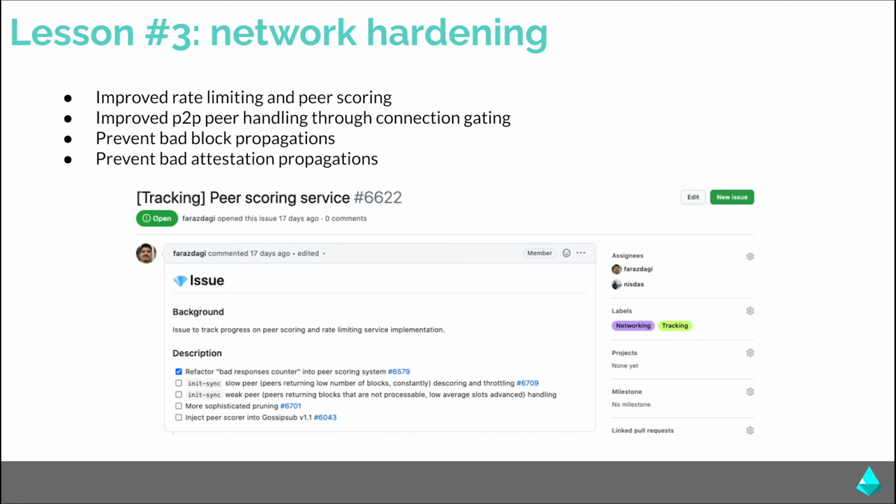In addition, we're also developing a reputation system, which will score peers based on a wide range of different performance metrics, and we'll also throttle peers that violate carefully selected thresholds.